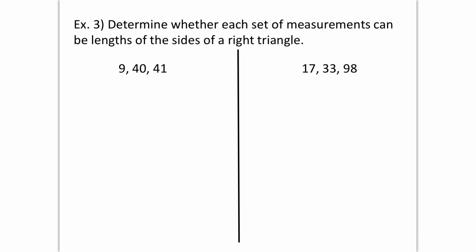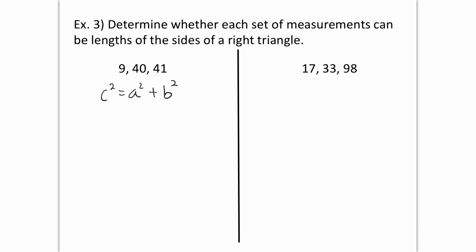So let's use the converse of the Pythagorean theorem to determine whether each set of measurements can be the lengths of the sides of a right triangle. So I'm going to set up my Pythagorean theorem. C squared equals a squared plus b squared. Remember that the longest side of the triangle is your hypotenuse, which is c.